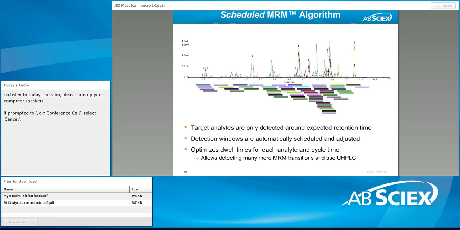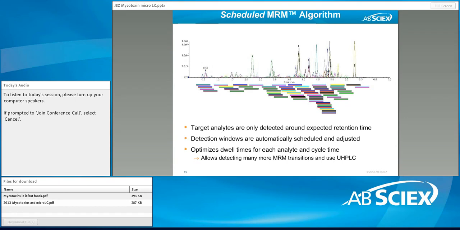Sometimes it's important if you want to run multiple mycotoxins. That means you have a lot of transitions here. It's important to make sure that your method can do targeted analysis, only monitoring them at the expected retention time.